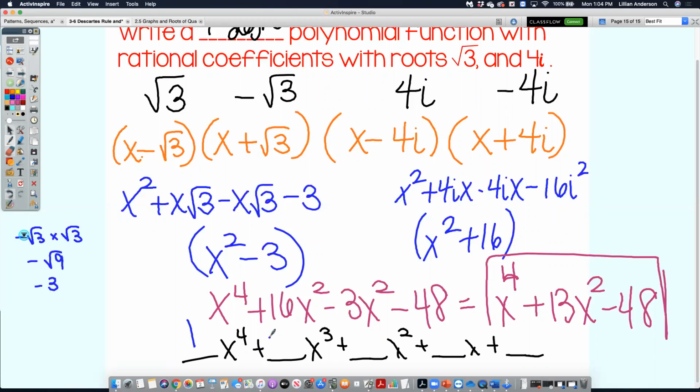Into the second blank? 16. 0. Because I don't have a third term. It's gone. What will go here? And then here? What about here? Negative 48, because there was a minus there. Okay? So on ones like this, when I'm missing a term, it's still going to have a blank there. Don't put none, put 0.